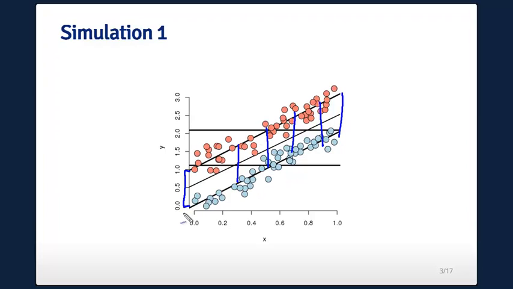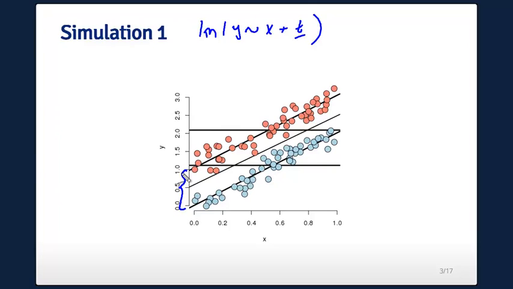But if we were to disregard treatment, this is the effect that we get if we fit the model lm y tilde x plus t. That adjusted treatment effect is that distance right there.